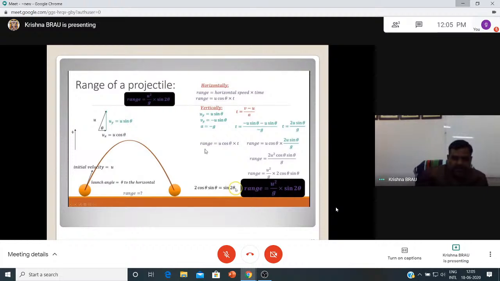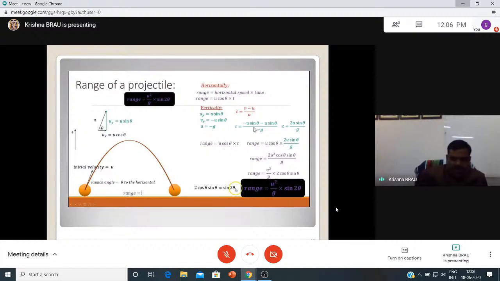Then for the range, in this particular case he is using the expression u cos theta into t. The range is equal to u cos theta into t.